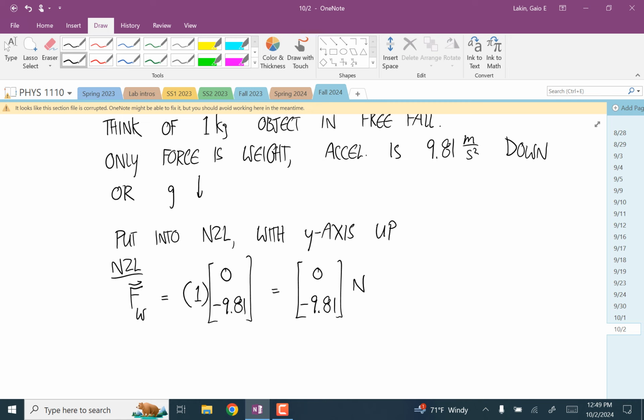So no matter what the masses are, any two objects fall with the same acceleration. But objects with different masses are pulled on with different forces by gravity.